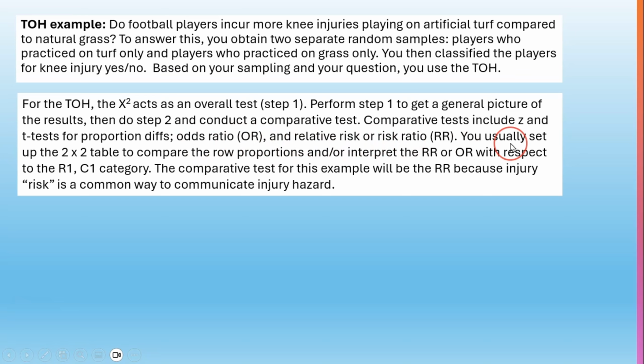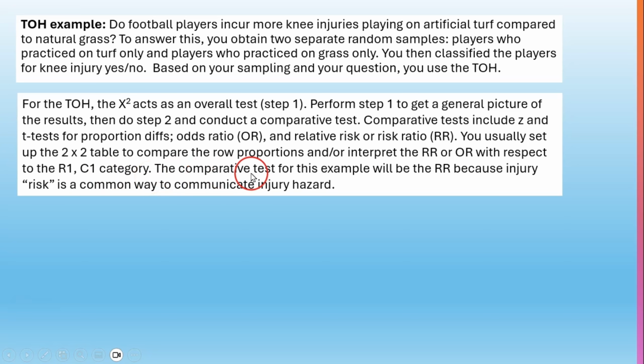In this type of analysis, you usually set up the 2 by 2 table to compare the row proportions and/or to interpret the risk ratio, which I'm going to talk about more, or the odds ratio with respect to the row 1, column 1 category.